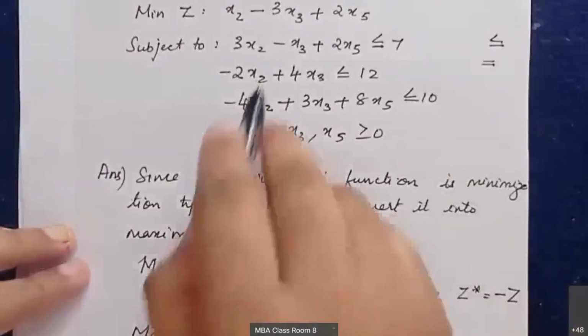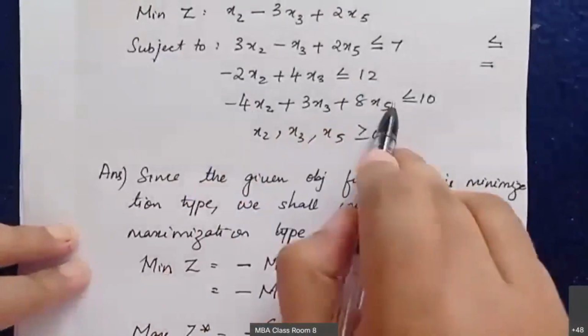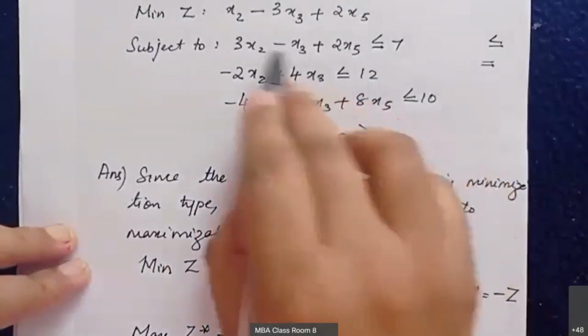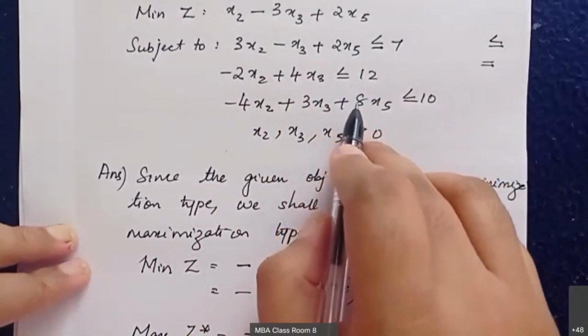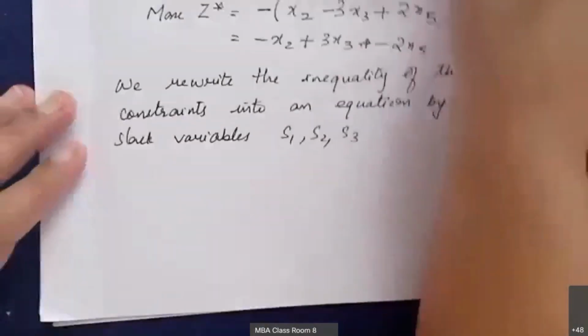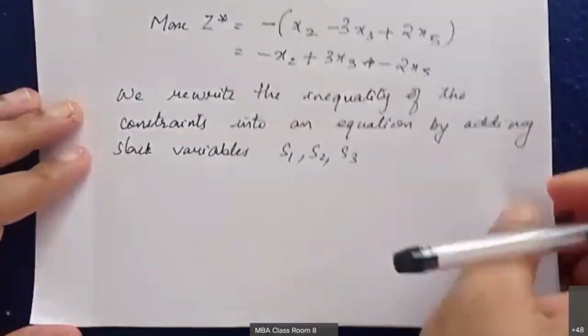Here we have three constraints. This is the first one, second one, and third one. To this I'm adding three variables. To the first equation I'm adding S1. To the second I'm going to add S2, and to the third I'm going to add S3. So S1, S2, and S3.